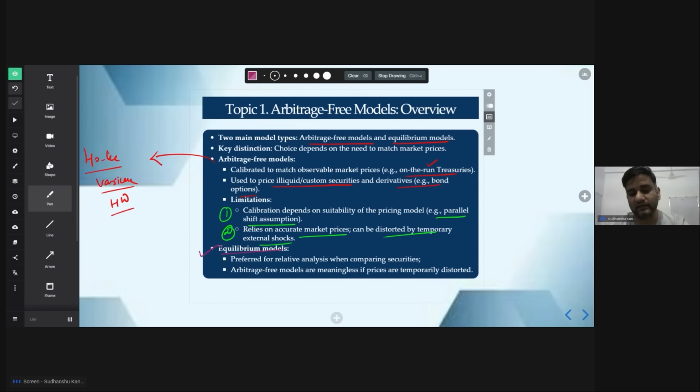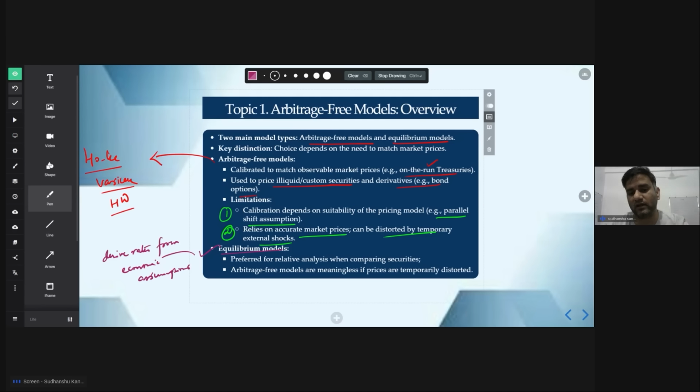Instead, you derive rates from your economic assumptions. What are the economic assumptions? Means inflation, consumption, preferences.